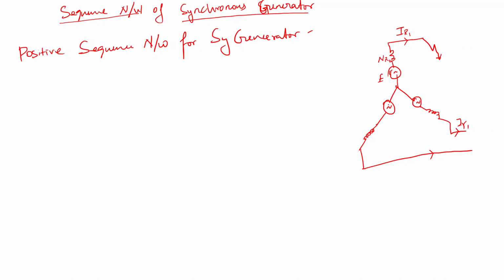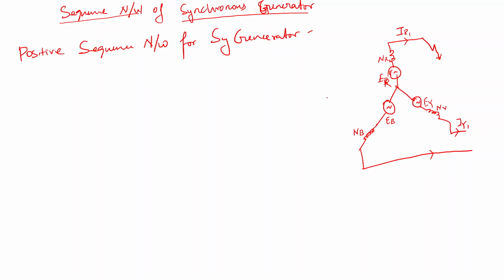Consider this is the generalized actual network, and this is EB, sorry, ER this is, and this is EB, and this is NB. And here it is NY, and then this is EY.